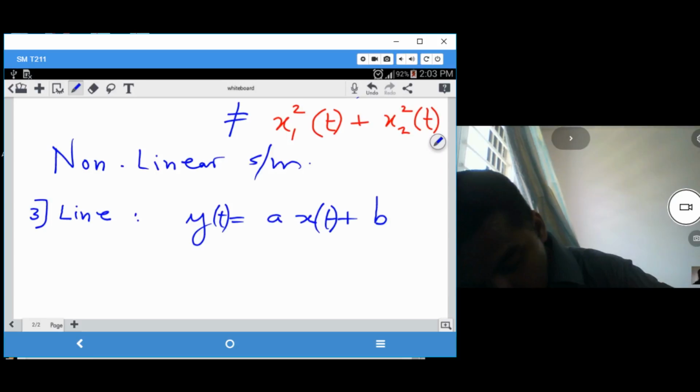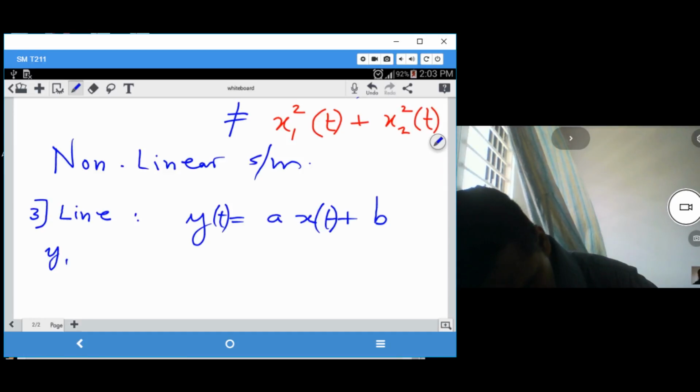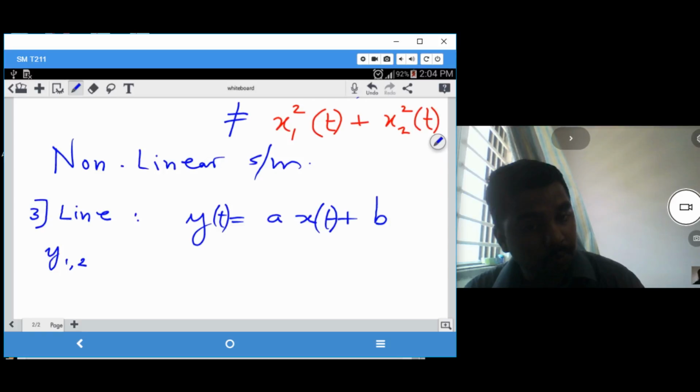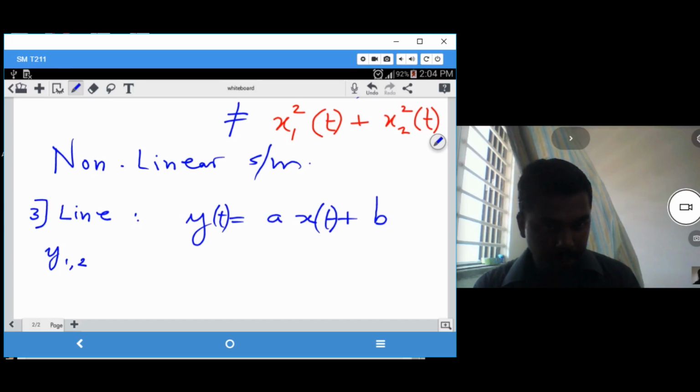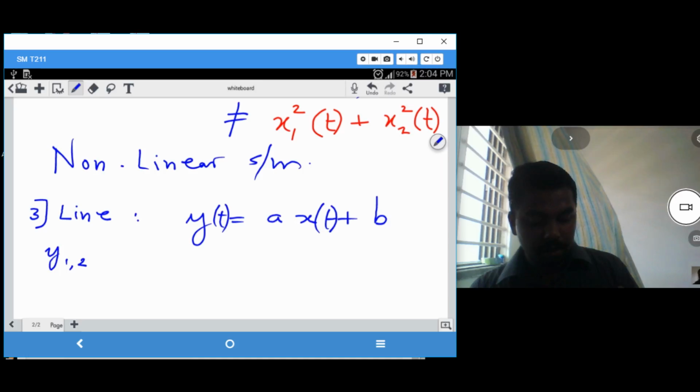So let us directly write y1. I'll use a quite different notation here. I'll write y1,2, which implies that I'll be taking only one of the indices at a time.